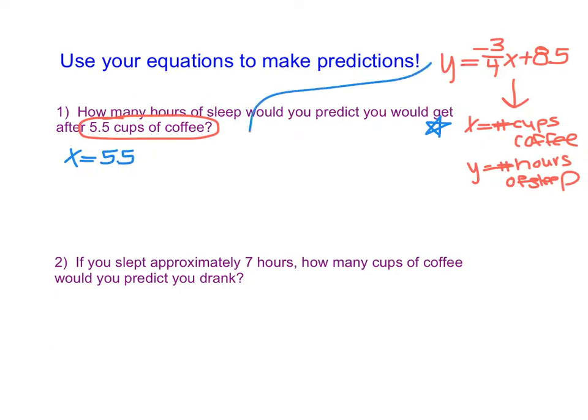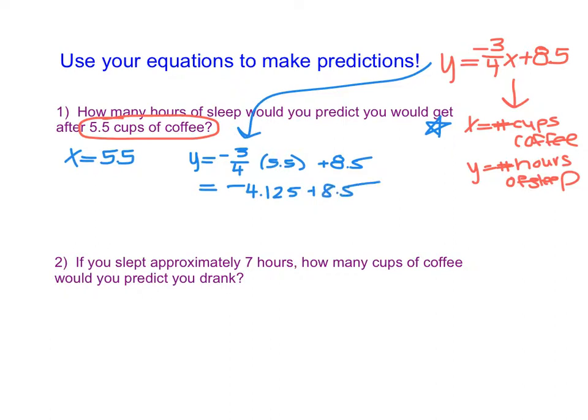So we're going to take our equation here, and in place of x, we're going to substitute the 5.5. So here I have y equals negative 3/4 times 5.5 plus 8.5. And then from here, I just follow the order of operations. Negative 3/4 times 5.5, using my calculator, is a negative 4.125.